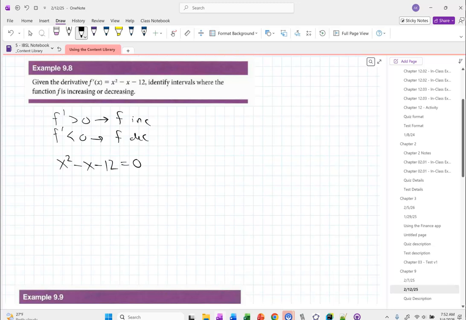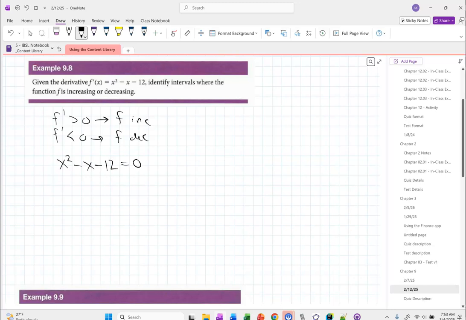Because as long as this is a continuous function, which it is, how do I know this is continuous? It's a polynomial. All polynomials are continuous. So since my function is a polynomial, I know it's continuous everywhere. The only way for a function that's continuous to transition from positive to negative or negative to positive is it has to cross the x-axis, which is what we're finding here, the points where the graph crosses the x-axis.